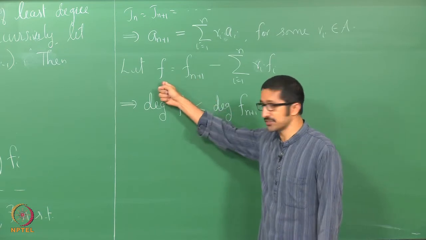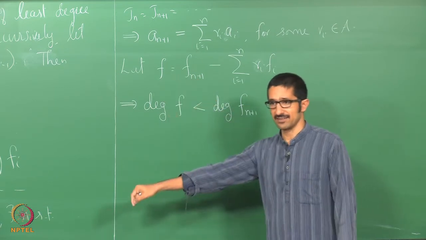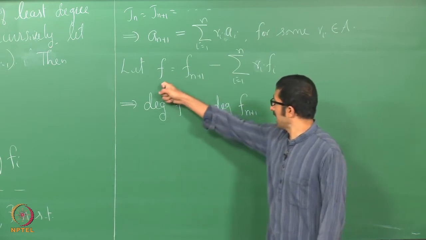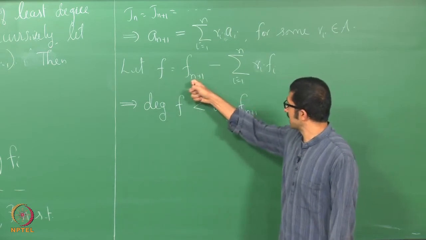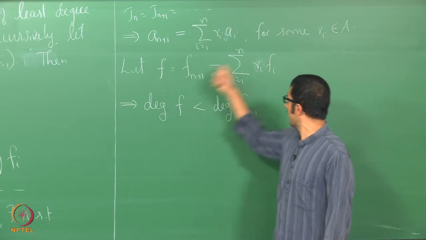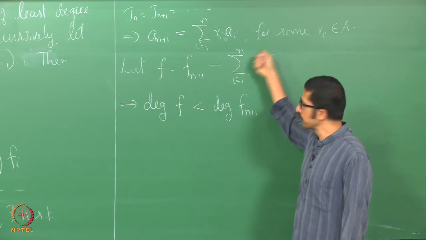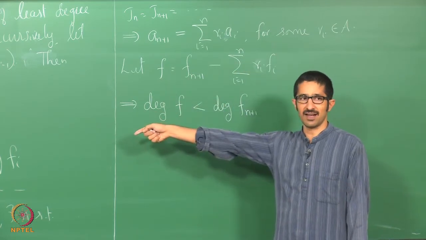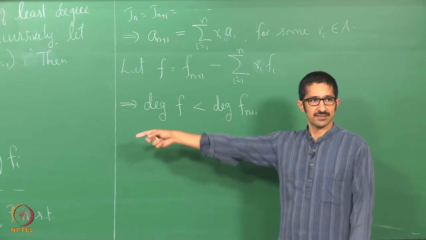That means f has to be in I_n. But if f is in I_n, I can write f_{n+1} as a linear combination of f and this, which means f_{n+1} is in I_n. That is a contradiction.